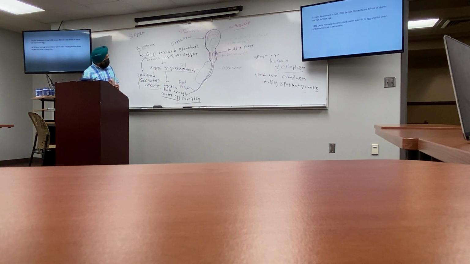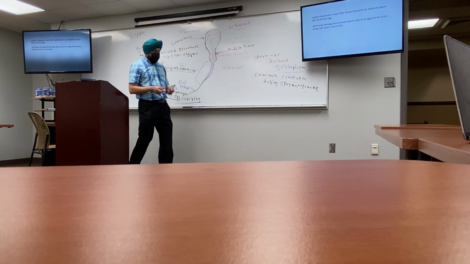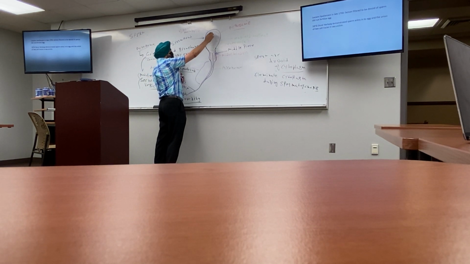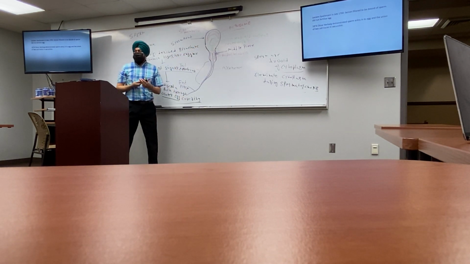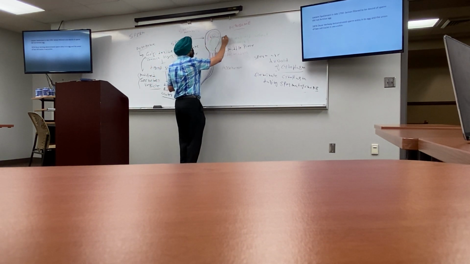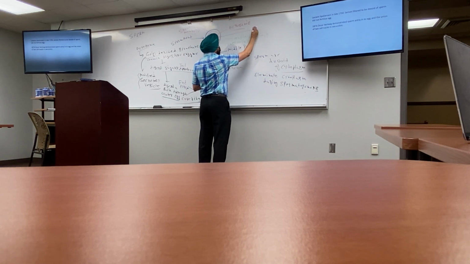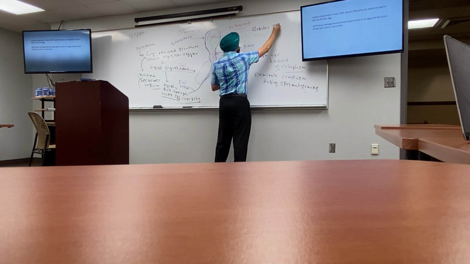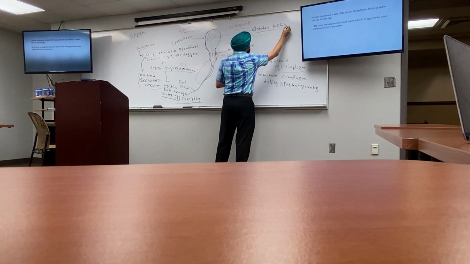Now, in most species, right here between the acrosome and the nucleus, there is a protein. This is not F-actin here. This is called globular actin.